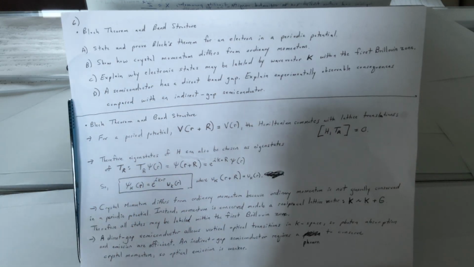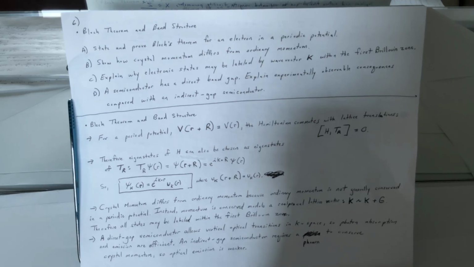We could say here the crystal momentum differs from ordinary momentum because ordinary momentum is not generally conserved in a periodic potential. Instead, momentum is conserved modulo a reciprocal lattice vector, k similar to k plus G. Therefore, all states may be labeled within the first BZ.